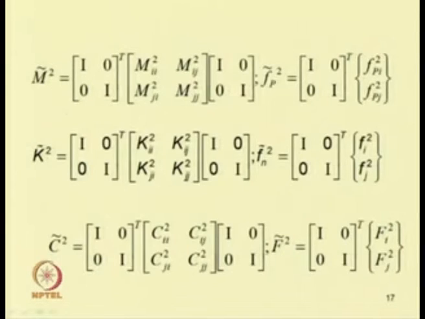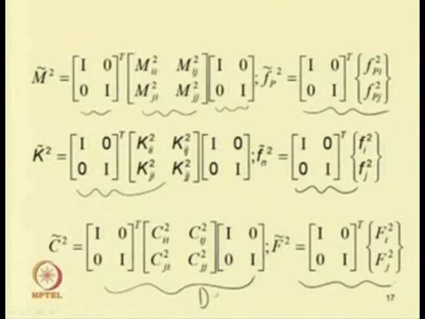We can transform this x coordinate to the u coordinate system, or we can write this M2 in this form. So, this is [0 I; 0 I] transpose, this is the mass matrix, into [I 0; 0 I]. Similarly, the forcing function can be written by multiplying with the transpose of [I 0; 0 I].